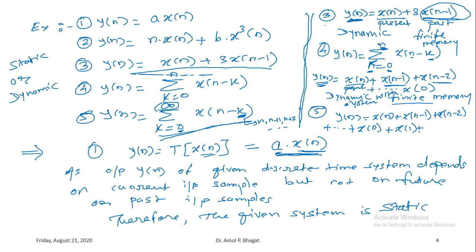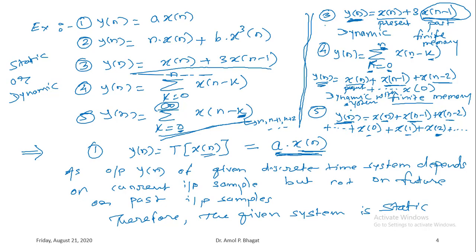So it will be x of 1, then x of 2, plus and so on. If you again observe these input output equations, in this case the output depends on the present input, past inputs, or maybe future input samples.